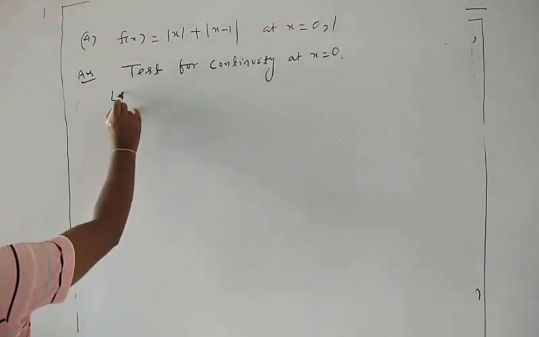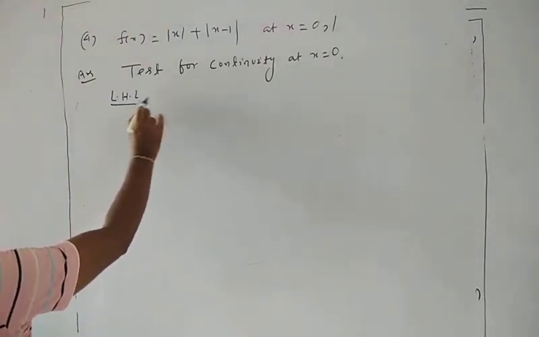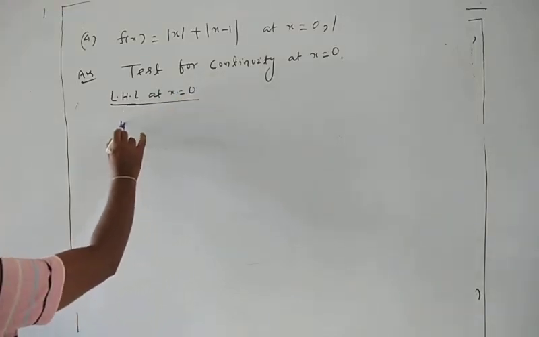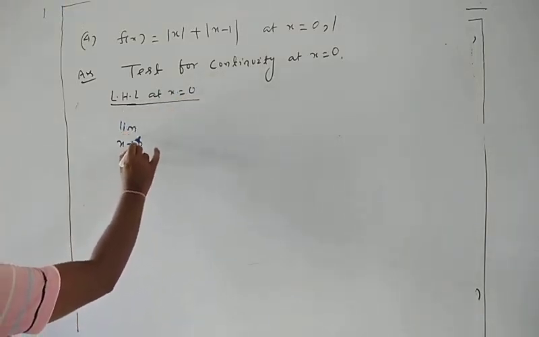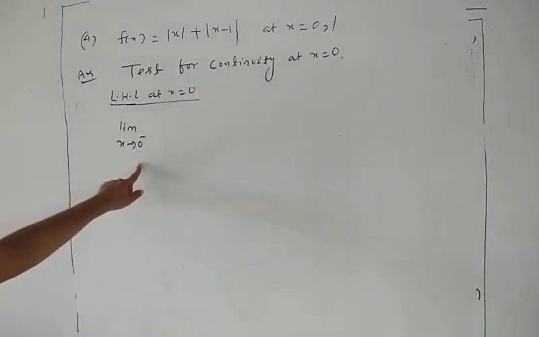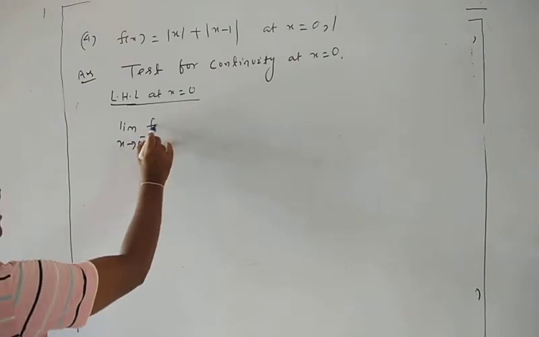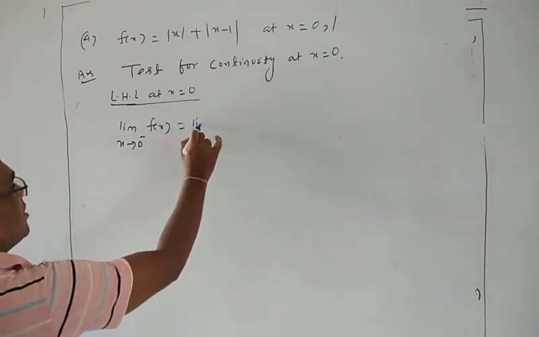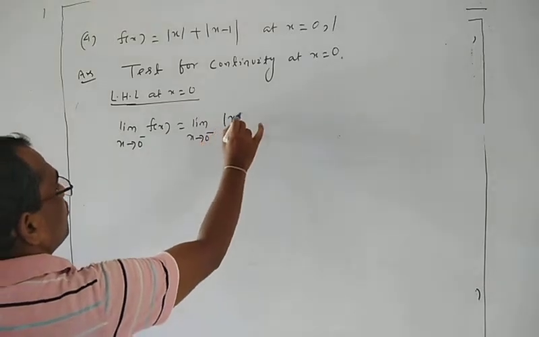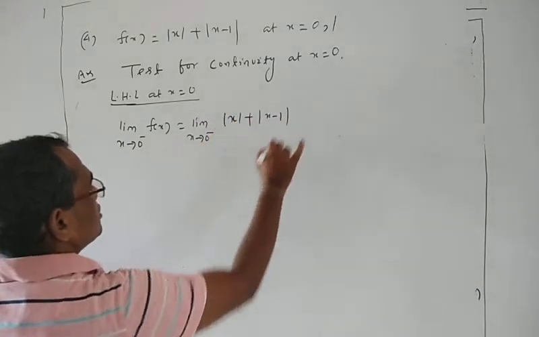So the left hand limit, LHL, at x is equal to 0. This is limit x tends to 0 minus. You write it this way: limit x tends to 0 minus f(x), which means mod x plus mod of x minus 1.